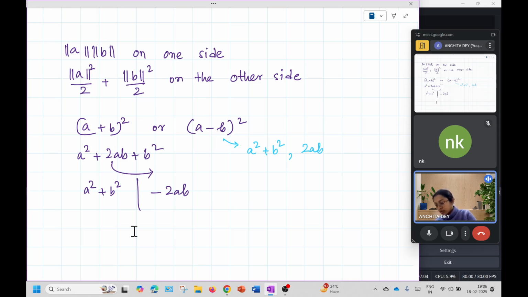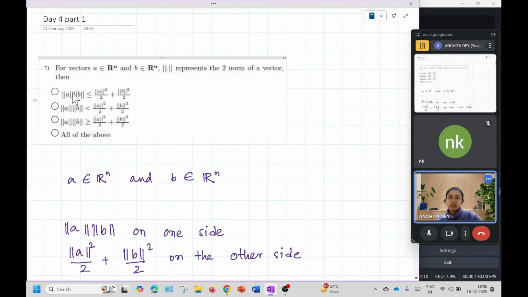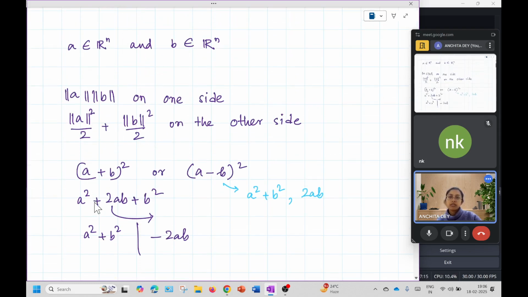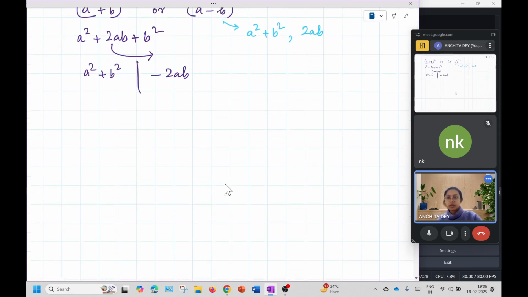Okay, so what we will do is play with this a minus b whole square form. Since we had the 2 norm of a square by 2 and the 2 norm of b square, instead of taking a minus b whole square, we will focus on the 2 norm of a minus the 2 norm of b, whole square. Okay.